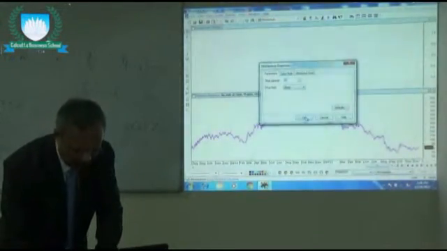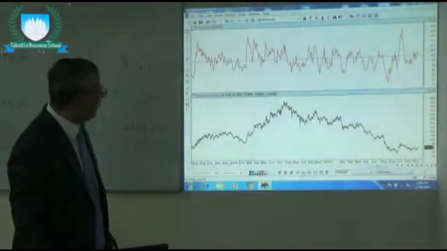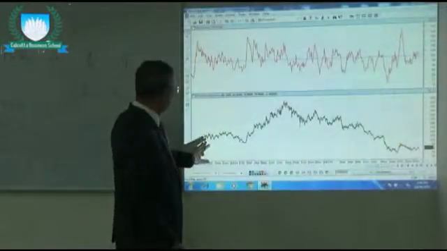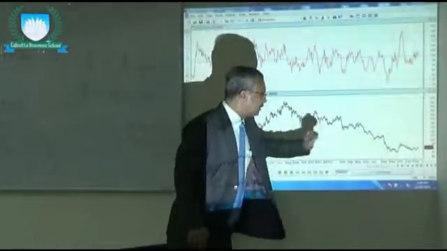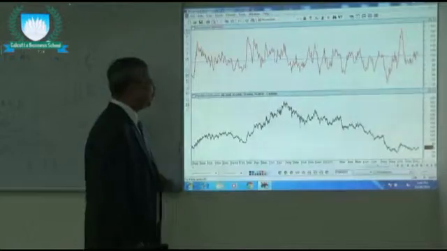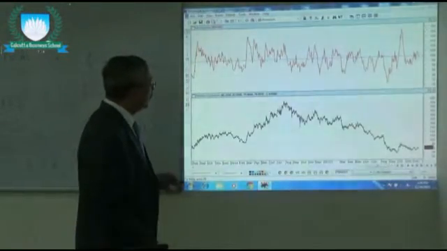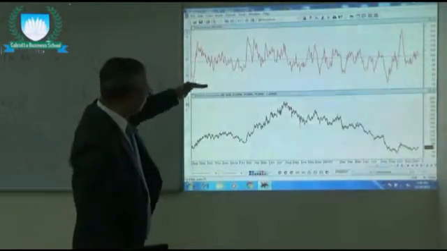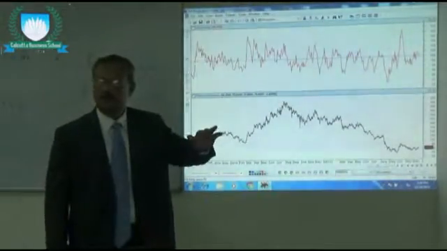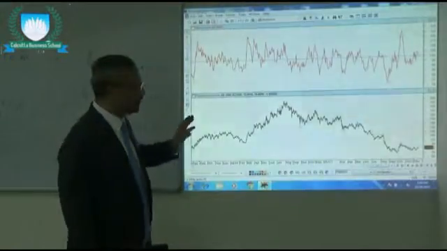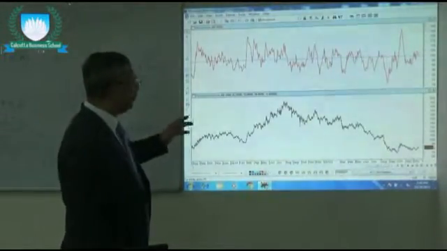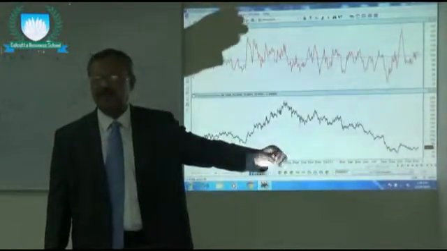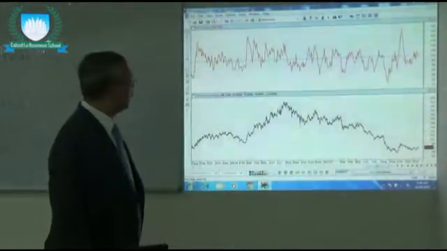We will open momentum in a different window, and this is how momentum has behaved for the time series of the actual stock prices given below. Notice first that the momentum line moves up and down the 100 line, because as we have discussed in the past, momentum is defined as price today divided by price x days ago, into 100.